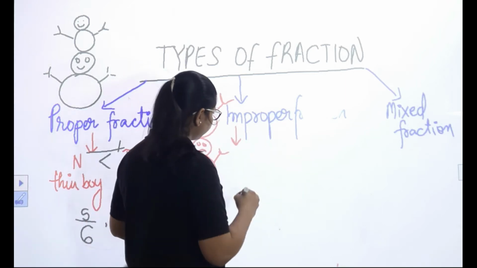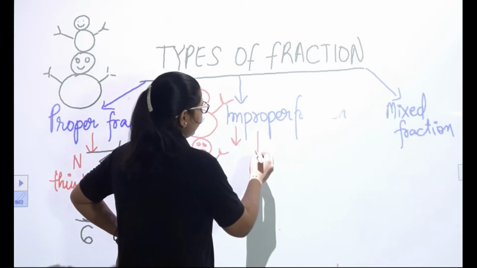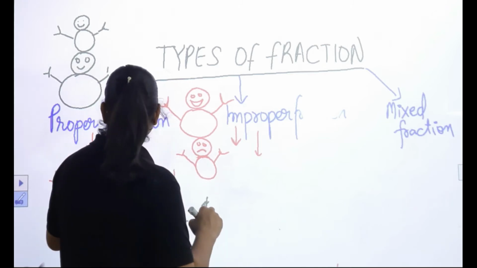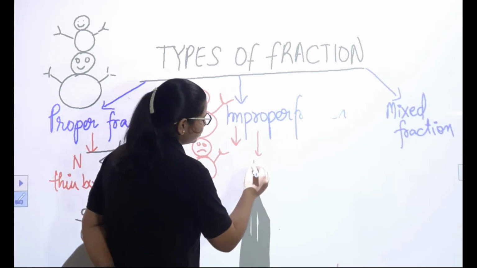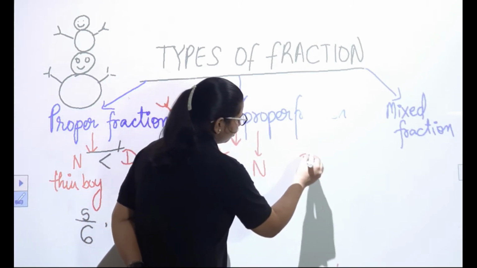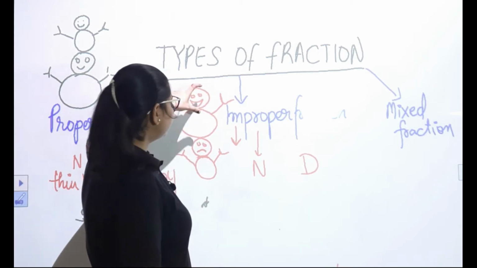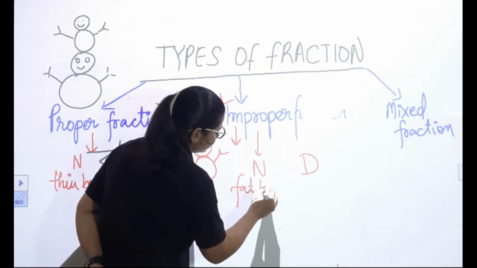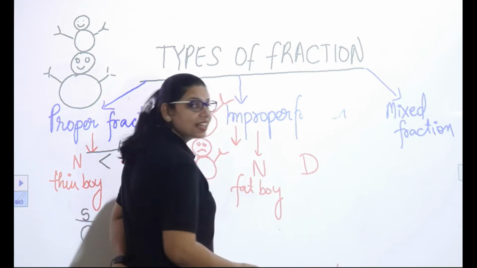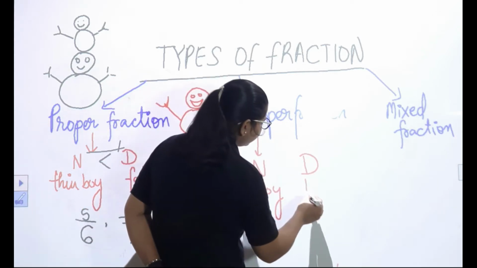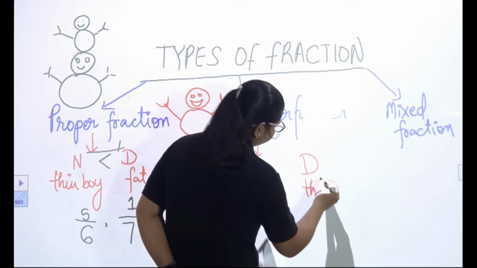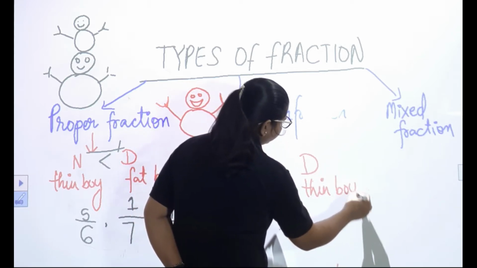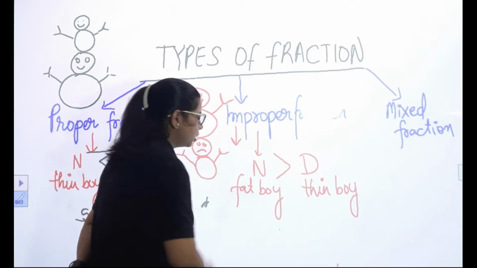Let me define it. We have defined proper fraction as, this is numerator and this is denominator. This time the numerator, the above one, is the fat boy, right? And the denominator, the below one, is a thin boy. So the numerator is bigger.